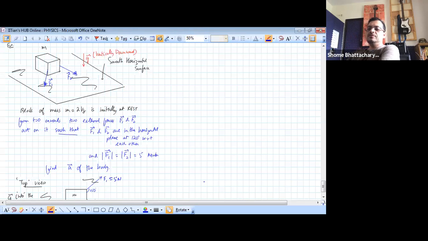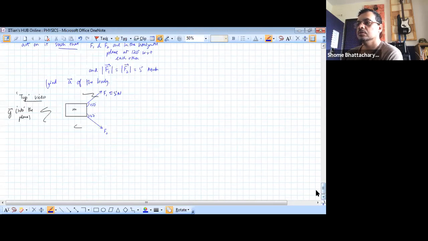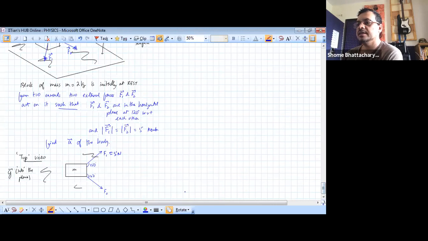The angle between F1 and F2 is 120 degrees. The angle I've shown in the diagram below, that one will be 150. You'll understand when you make the vector diagram. Yes, Chinmay, that's correct. Okay, so the more important diagram is the one below. Just pay attention to this diagram here.